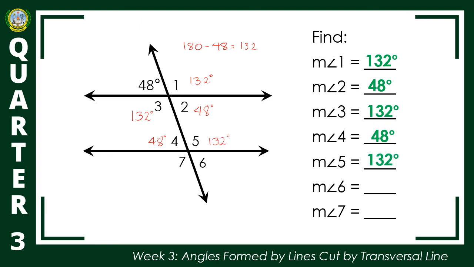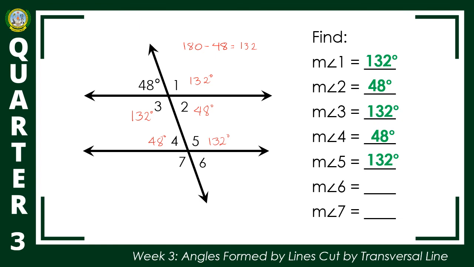So ano yung mga possible explanation? It corresponds to angle 1, so congruent sila. Congruent din siya with angle 3 kasi alternate interior. Or supplementary sila ni angle 4 kasi linear pair. Supplementary sila ng angle 2 kasi same side interior angle sila. Okay? So napakadami na nun.